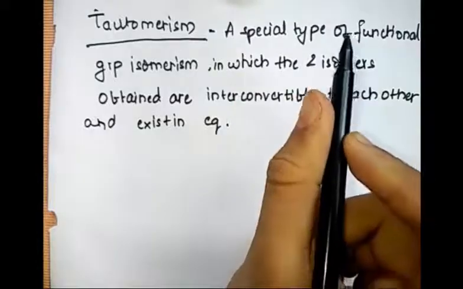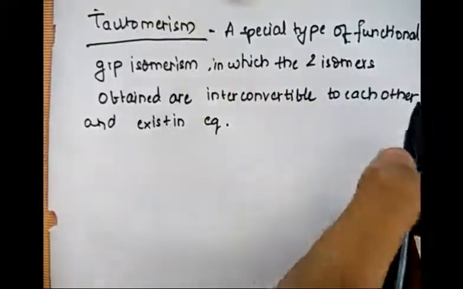The two isomers are interconvertible, but how?